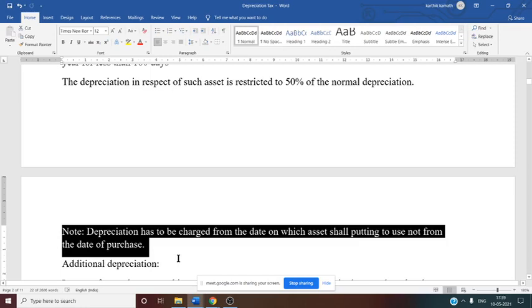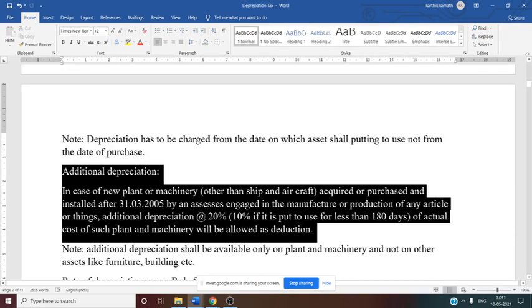What do you mean by additional depreciation? Additional depreciation is some type of extra depreciation charged when you purchase plant and machinery. This specific depreciation is available only in the case of plant and machinery. In the case of newly purchased plant and machinery, other than ship and aircraft, acquired or purchased and installed after 31/3/2005, if it is before, no additional depreciation is allowed.